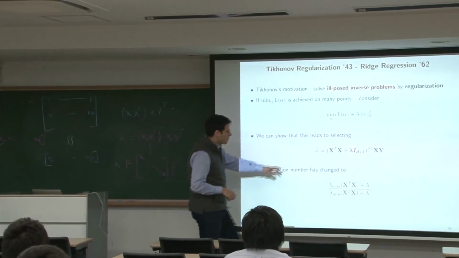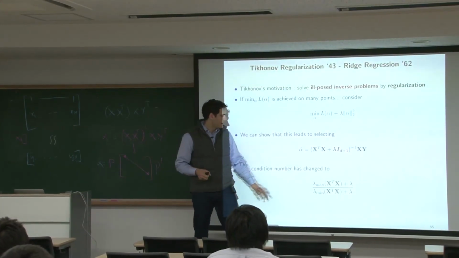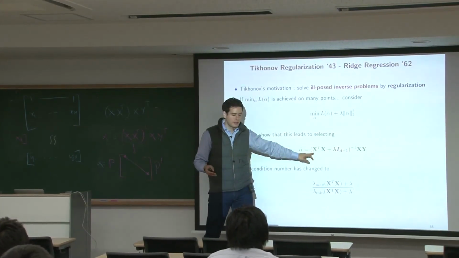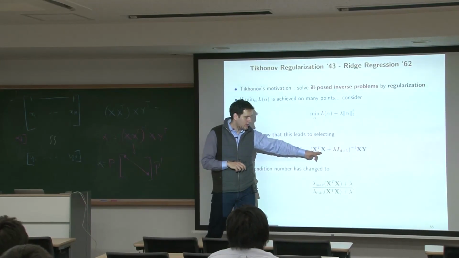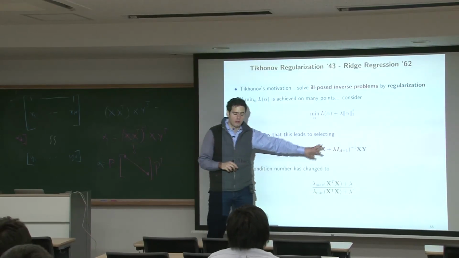So this matrix here we were discussing many times, and maybe it's not invertible, etc. We know that it's positive definite. We know that we add a matrix proportional to identity here. So this becomes always invertible now.